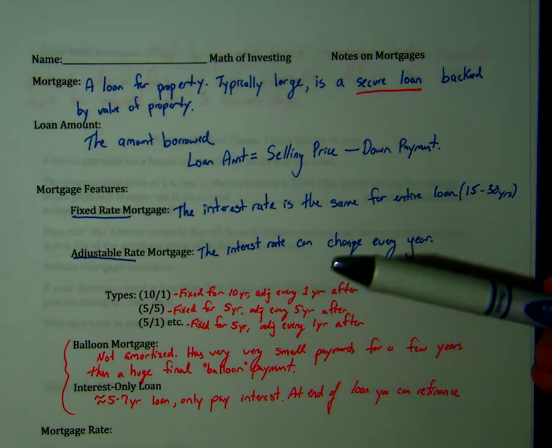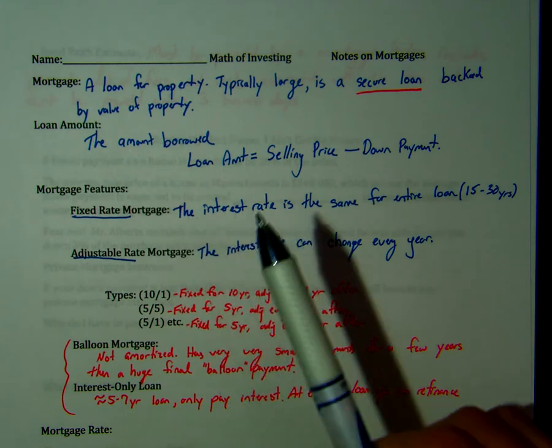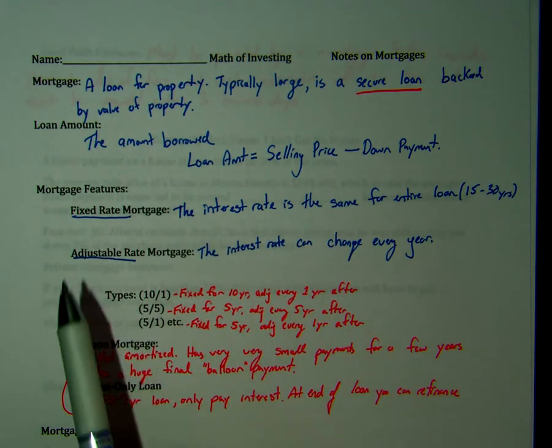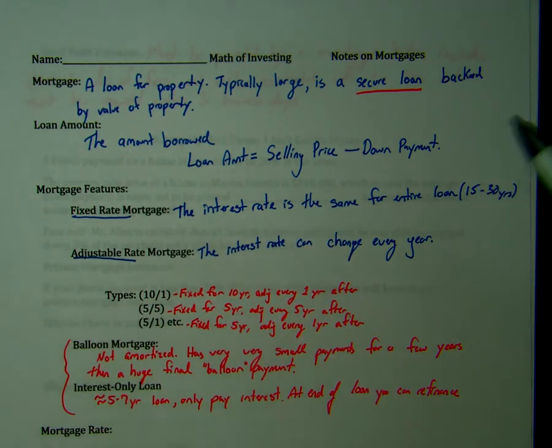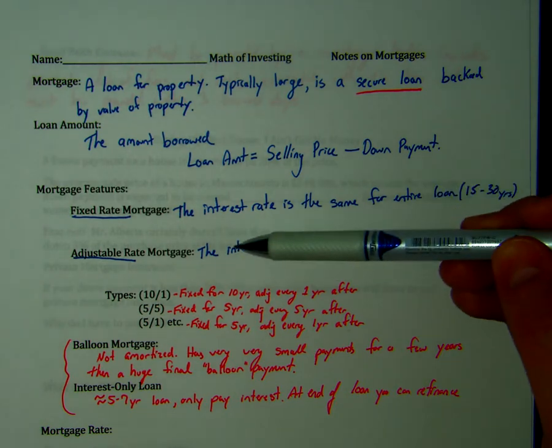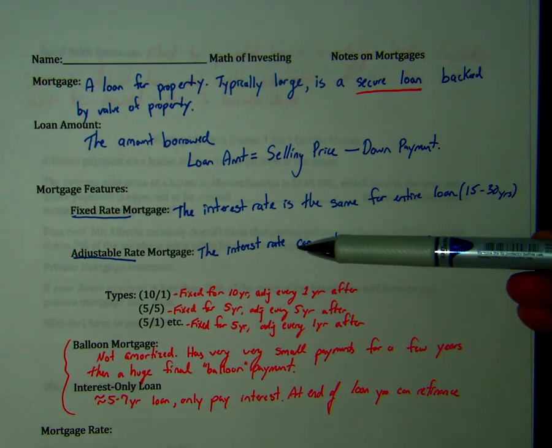I always lean towards thinking about a fixed rate mortgage, just because when you buy a home, this will be the most expensive thing that you pay for in your life. And you don't want it to randomly become more expensive.